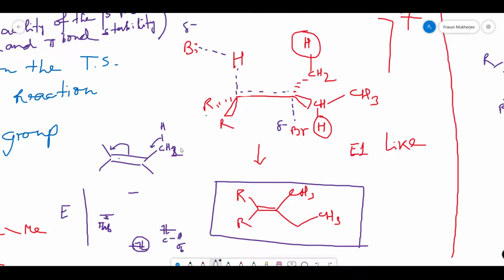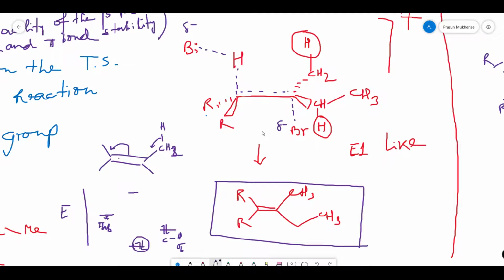So this hyperconjugation phenomenon will also apply in this case to stabilize the transition state. The transition state will be stabilized by these hydrogen atoms, hyperconjugable hydrogen atoms.